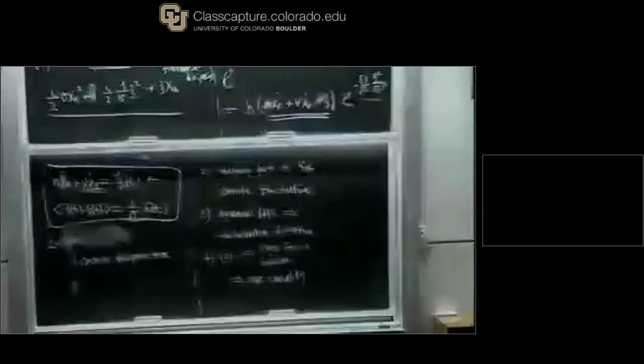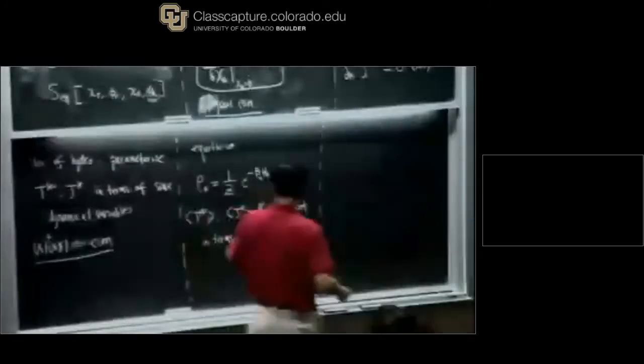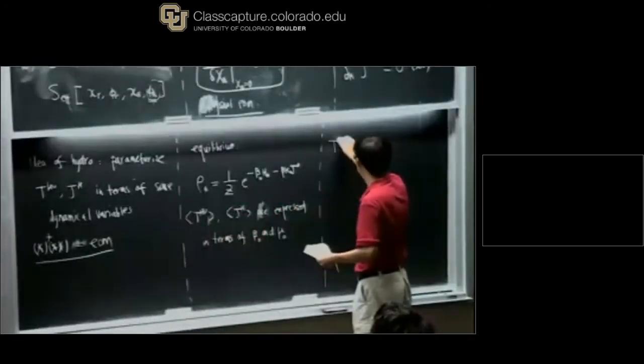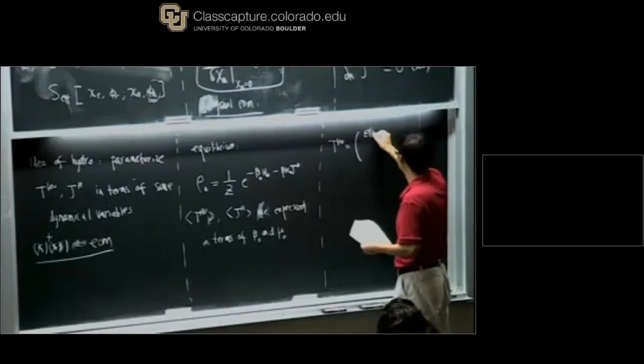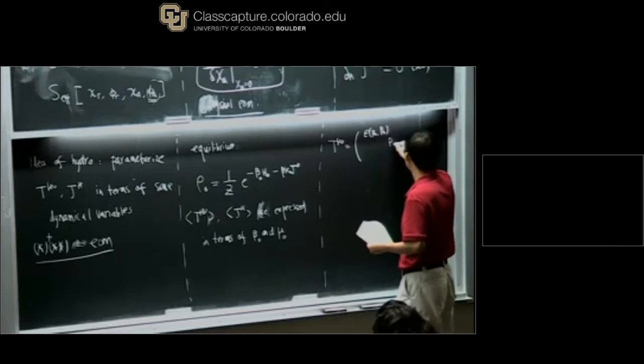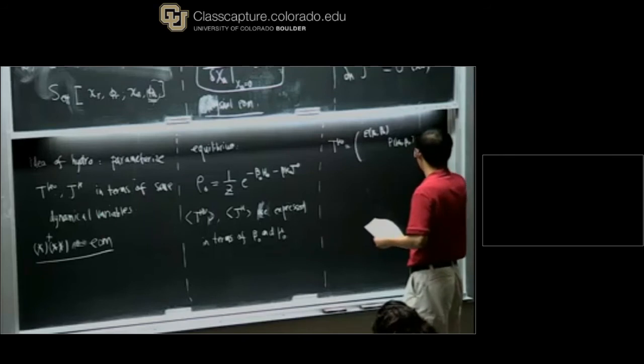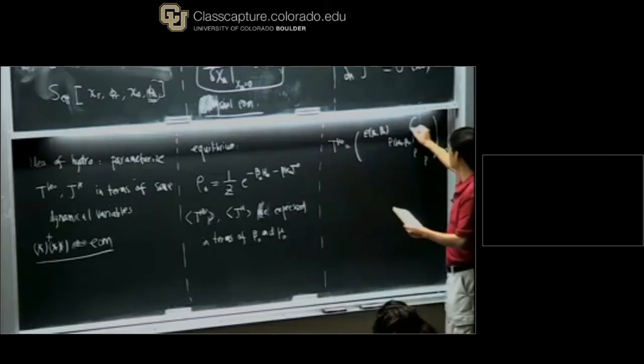In the standard situation, T^{μν} must have the following form: you have the energy density, which depends on mu_0 and beta_0, then the pressure P(mu_0, beta_0), and the rest is 0.